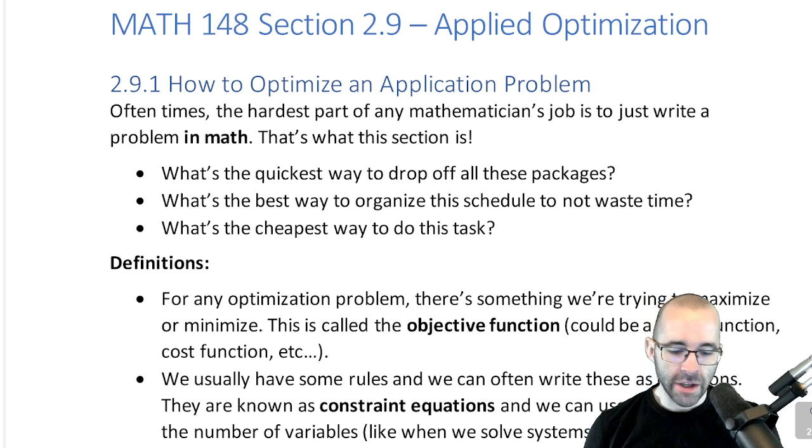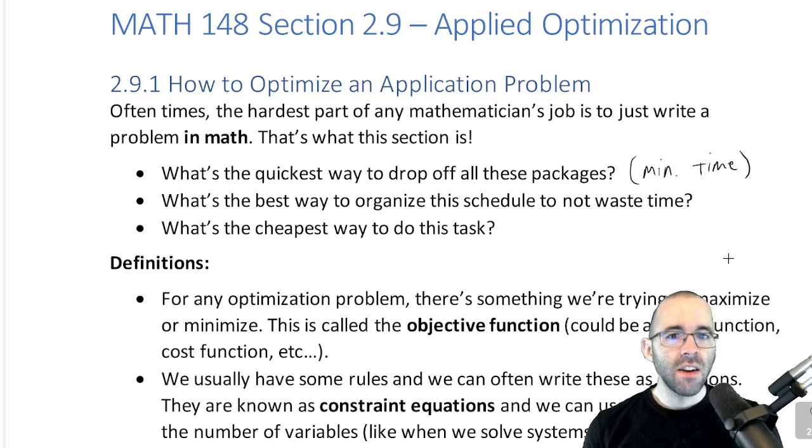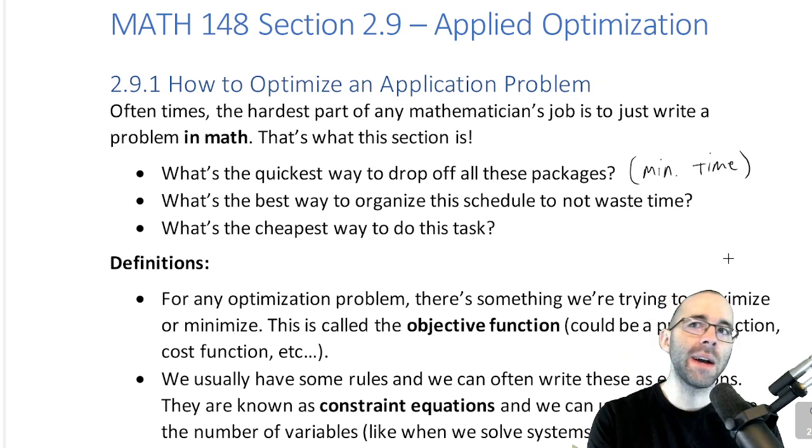Okay? So we could be asking questions like, what's the quickest way to drop off all those packages, right? We're minimizing the time taken. What's the best way to organize a schedule to not waste time? You could say we're maximizing time utilization, we're maximizing resources, we're minimizing waste.